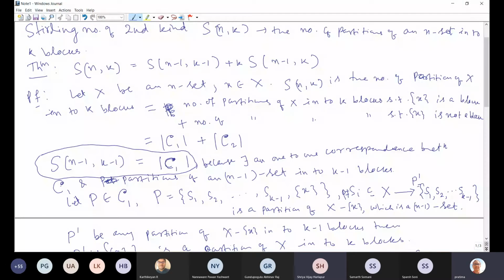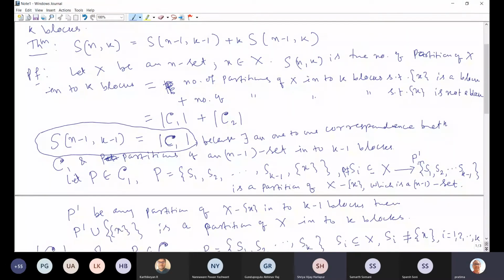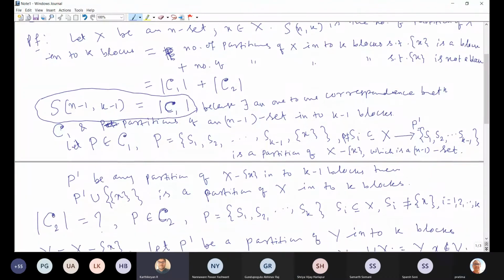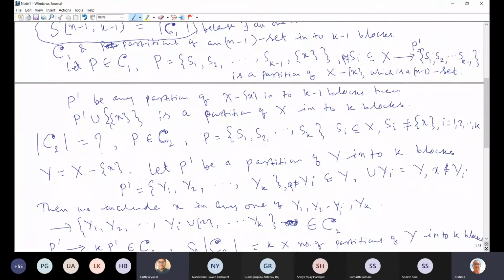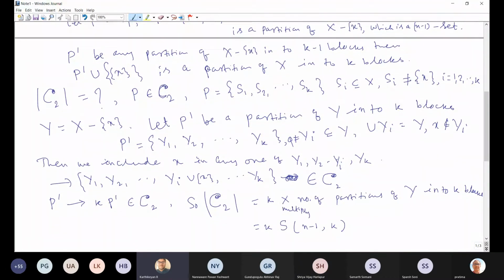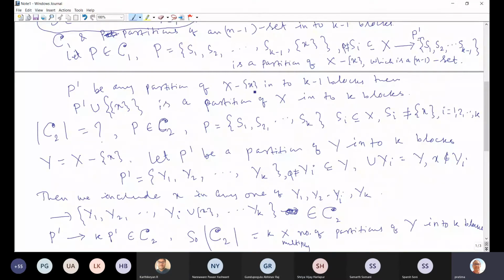You are saying that since X can be any element, and this capital X has n such elements. Yes, ma'am. That is why.